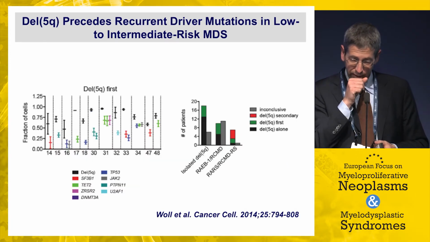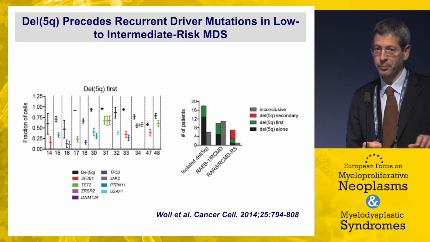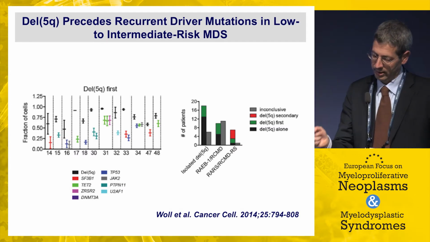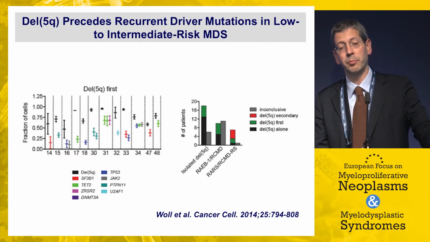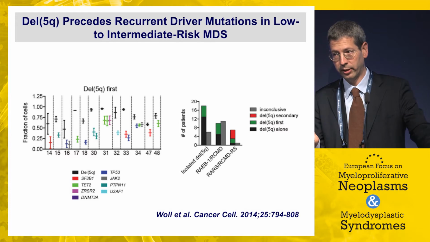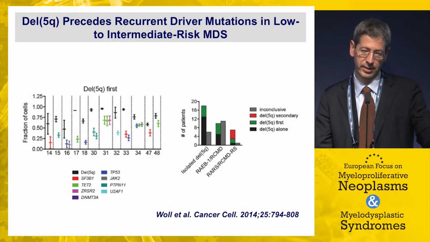And several lines of evidence suggest that the deletion of 5q may be the lesion responsible for the disease and may be the only genetic lesion required to promote these MDS subtypes.